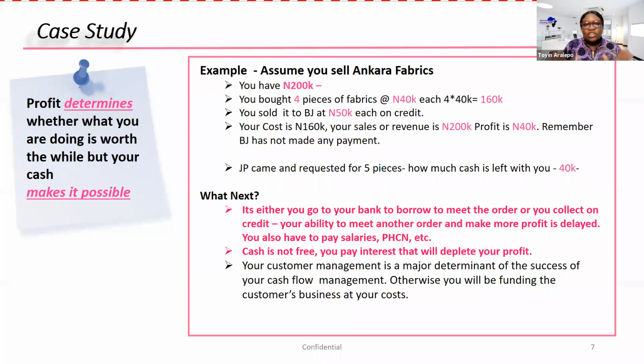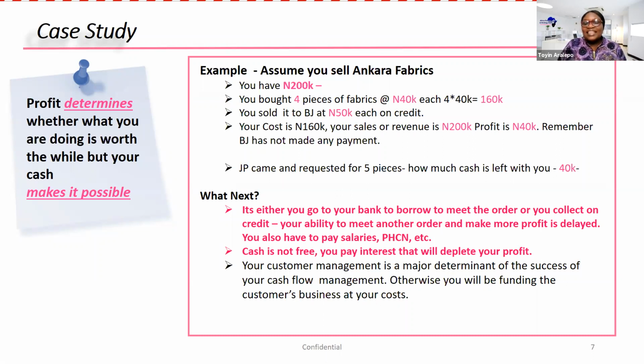Now there's a flip side to that. He either goes to the bank to borrow cash to be able to fulfill that order, or he can go to the vendor to ask for credit. But he may not get the credit if he has not built the relationship with the vendor that will enable the vendor to trust him to return the funds.